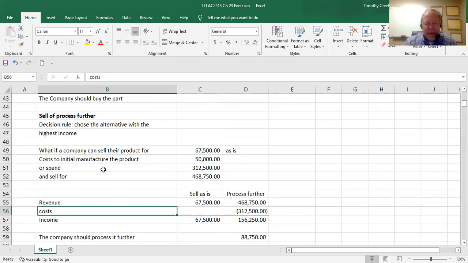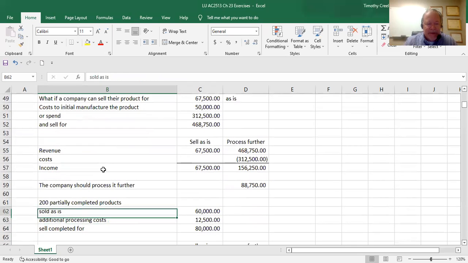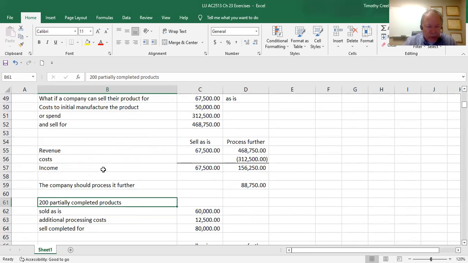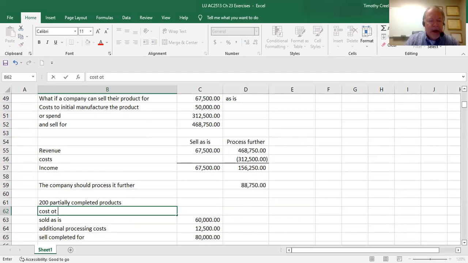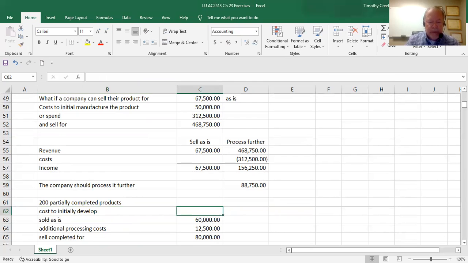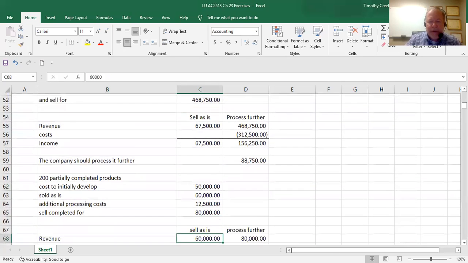Now, let's look at one more example. Let's say that a company has 200 partially completed jobs or products. Let's say the cost to initially develop was 50,000. They can sell as is for 60,000, or they can spend an additional 12,000 and sell it for 80,000. So what is their best option: sell as is or process further?